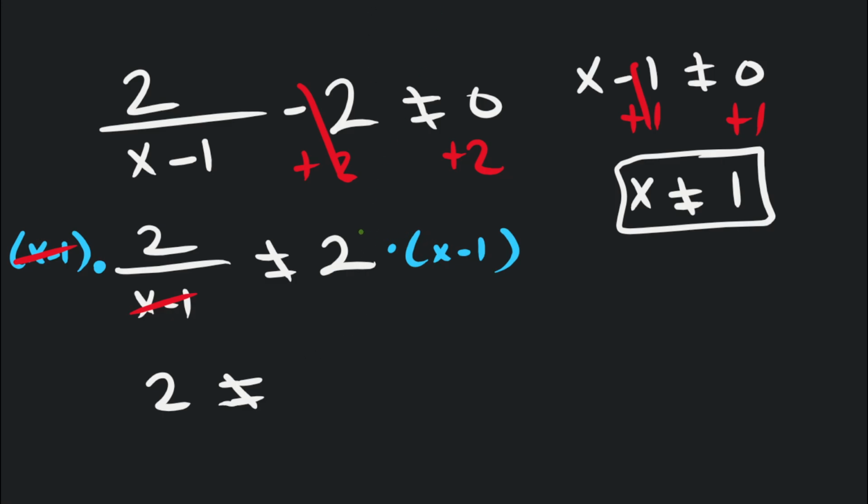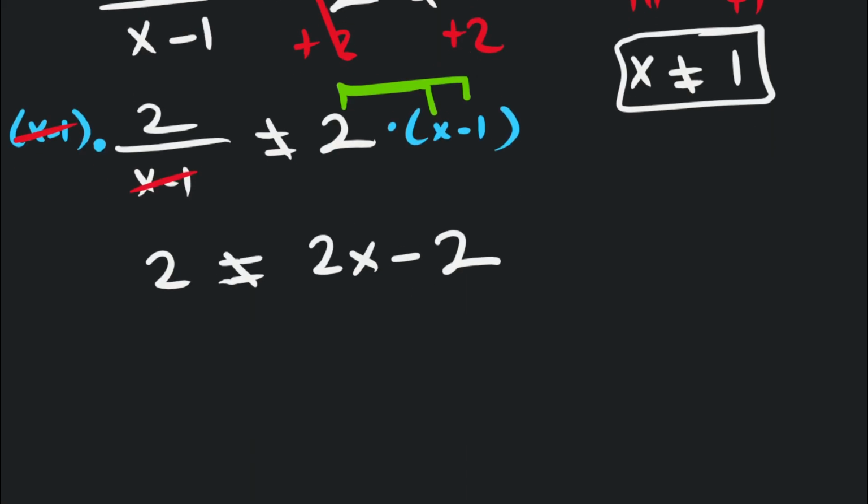Well, with this parentheses, we're going to go ahead and distribute this 2. So 2 times x plus 2 times negative 1. So 2 times x is 2x, and 2 times negative 1 is negative 2. And then we'll keep going. We'll add 2 to both sides. And then right here we have 2x, which I'll just write over here.